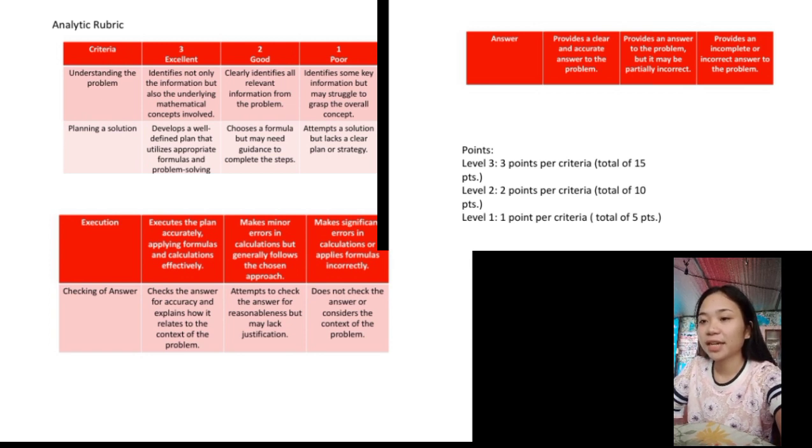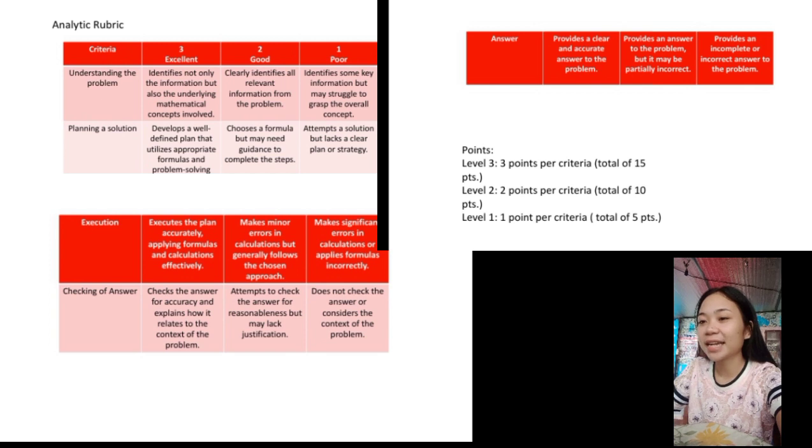The criteria are understanding the problem, planning a solution, execution, checking of the answer, and the answer. The levels of performance are 3 for excellent, 2 for good, and 1 for poor.